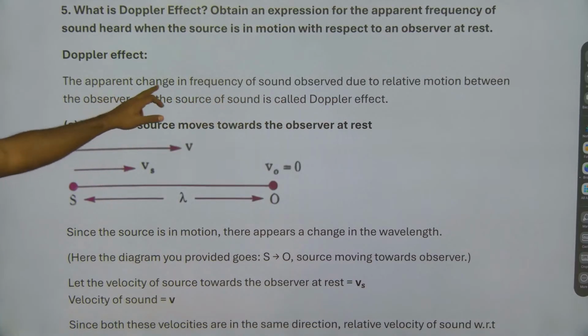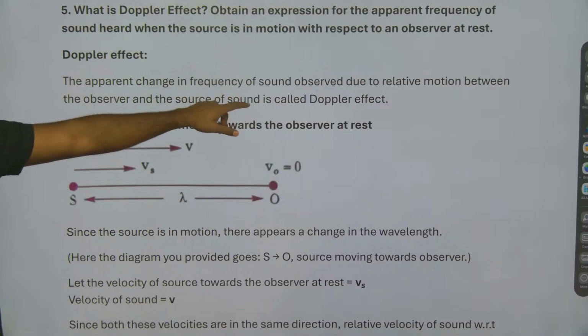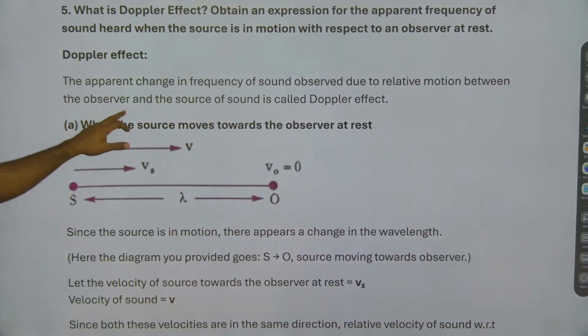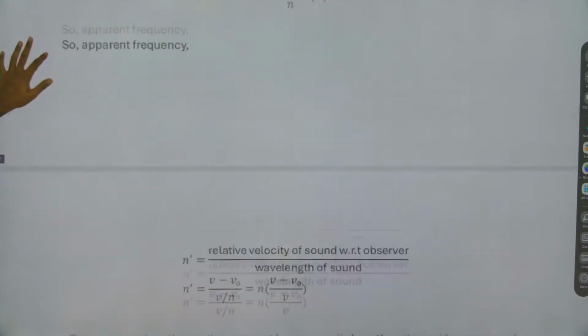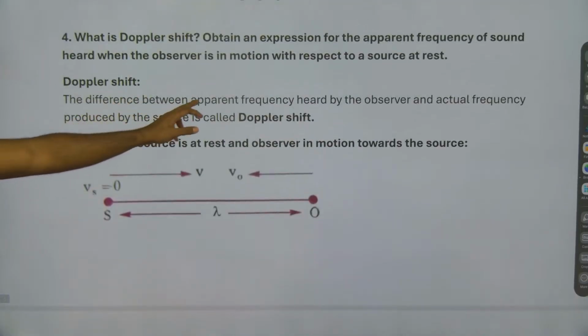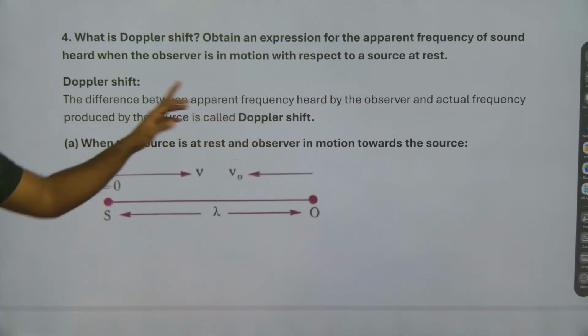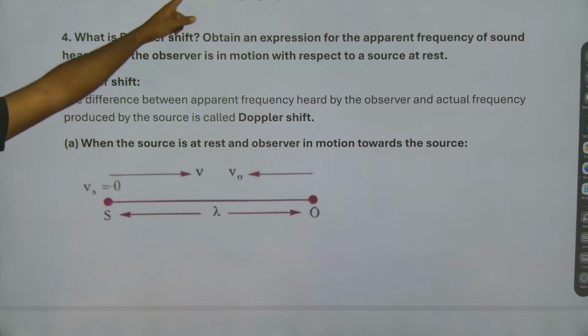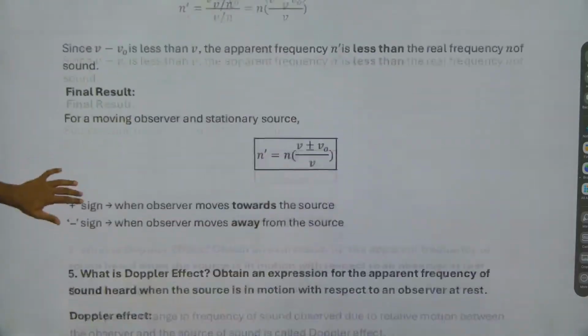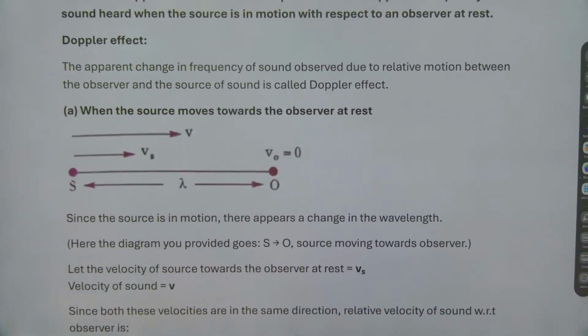But Doppler shift is the difference between the apparent frequency heard by the observer and the actual frequency. Both are different, Doppler effect and Doppler shift.